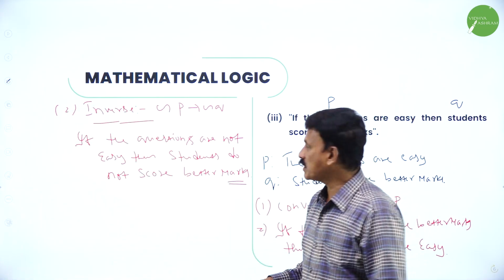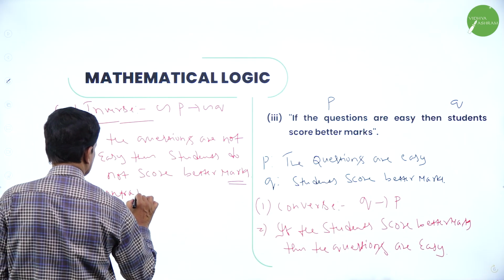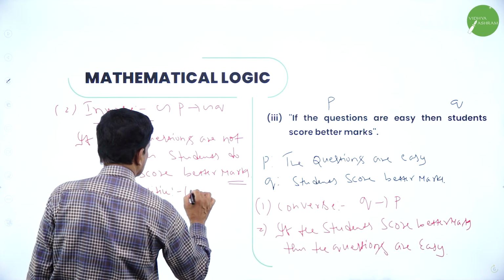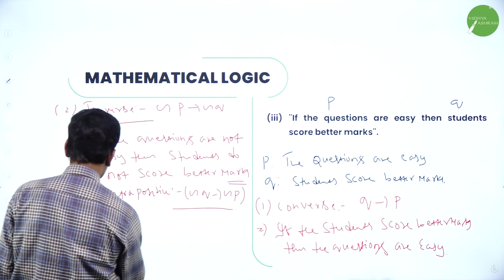Okay. Now the last one, contrapositive. Contrapositive is negation of Q conditional to negation of P. So what is this equal to?